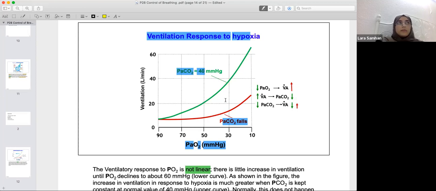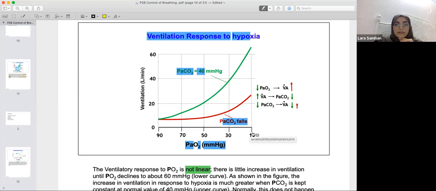Now, usually we want to have normal levels of oxygen and carbon dioxide in the body. Generally speaking, if oxygen is increased, carbon dioxide is most probably lower. If carbon dioxide is increased, in normal functioning, the oxygen should be decreased. The exact same thing is shown in this graph.